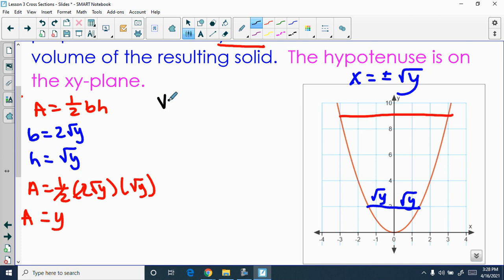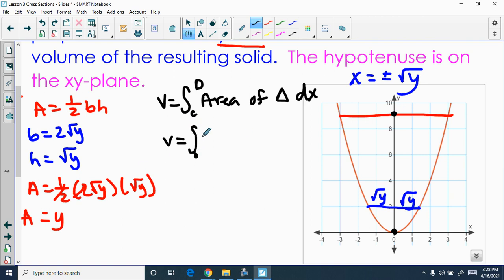So now for volume, we're going to go from c to d. And we're using the area of the triangle. And c and d are coming from our lower y value to our upper y value, which are 0 and 9. And then we're plugging in y.